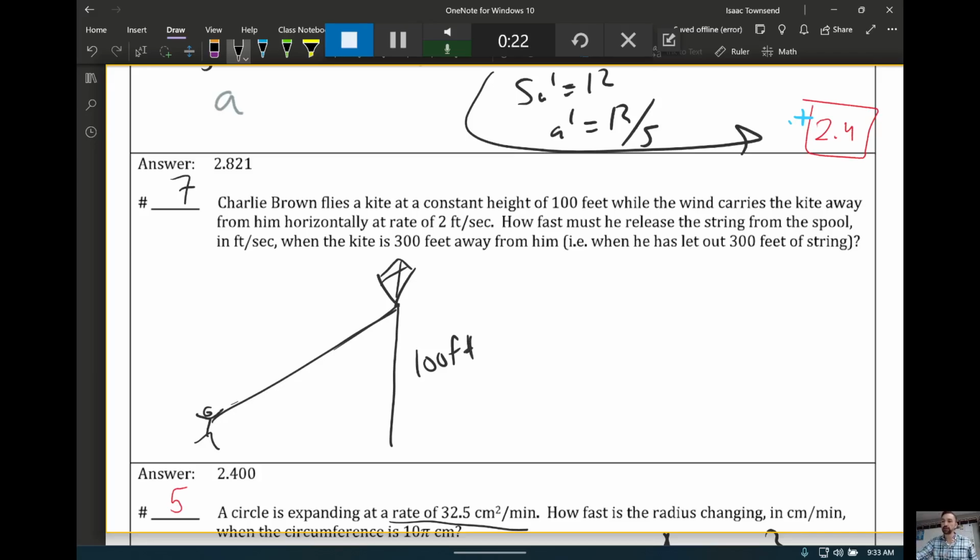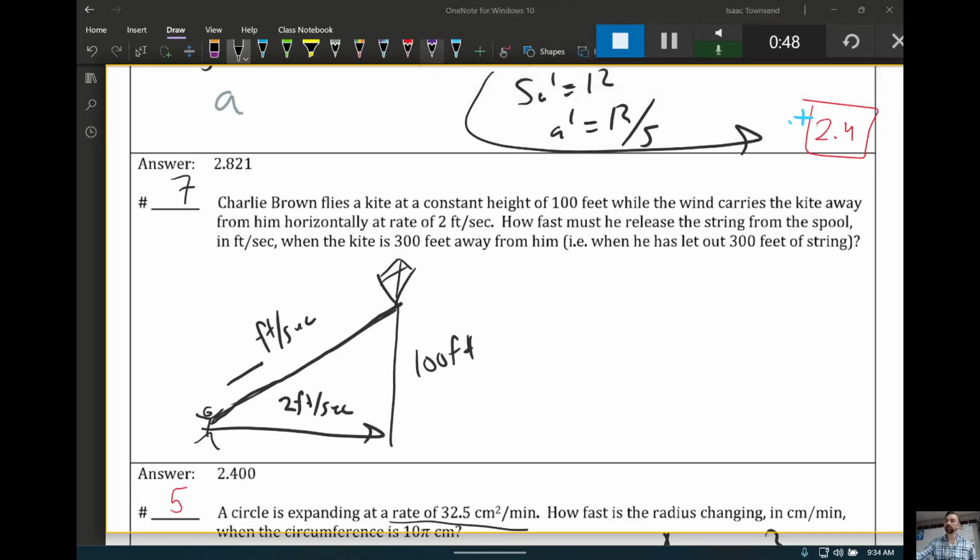The wind's carrying it away from him horizontally at a rate of 2 feet per second. How fast must he release the string from the spool in feet per second? So this is the string. So when he runs out of string, how many feet per second is that going to be going when the kite is 300 feet away from him?